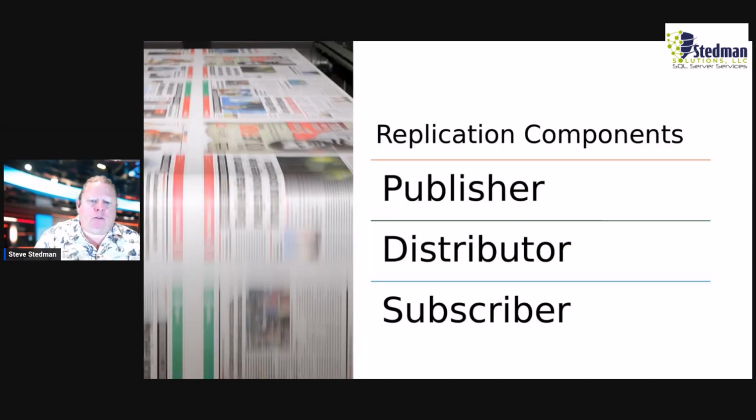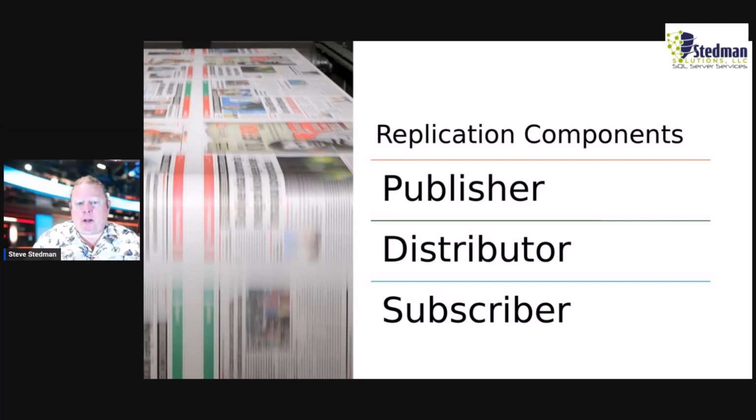Now, when we get into replication, one of the key things is the components and how it all works. Microsoft set this up originally, and it has been this way for years, probably since SQL Server 2000, maybe older. I've been using it since SQL Server 2005, and it's had this concept all along of publishers, distributors, and subscribers.